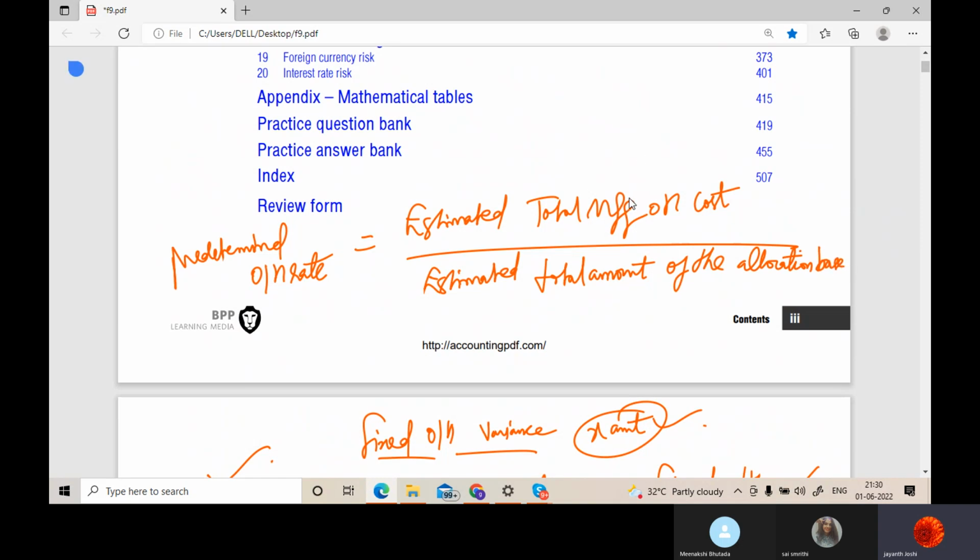So what is the estimated total manufacturing overhead cost given in the question? That is total budgeted manufacturing overheads, 3,60,000 divided by the estimated total amount of the allocation base. Total amount or total hours.